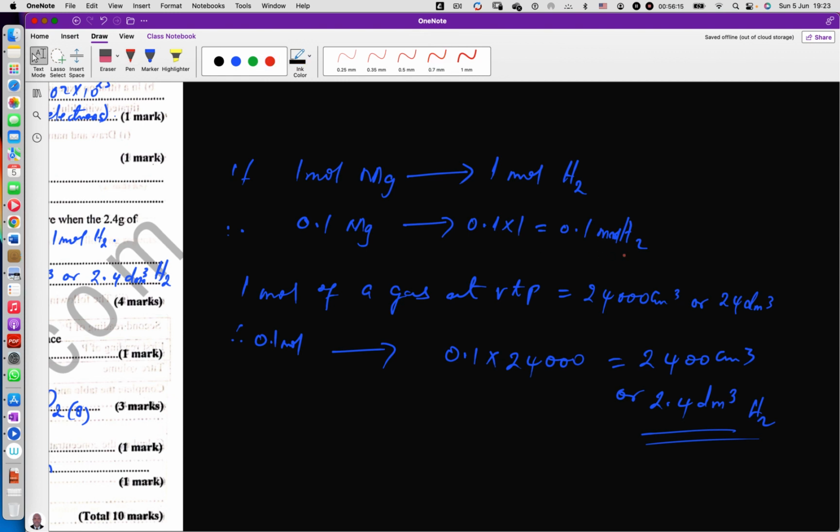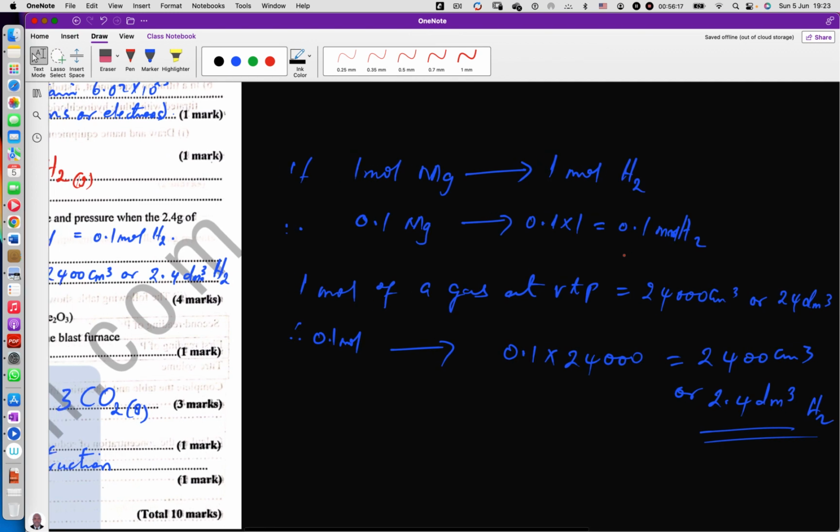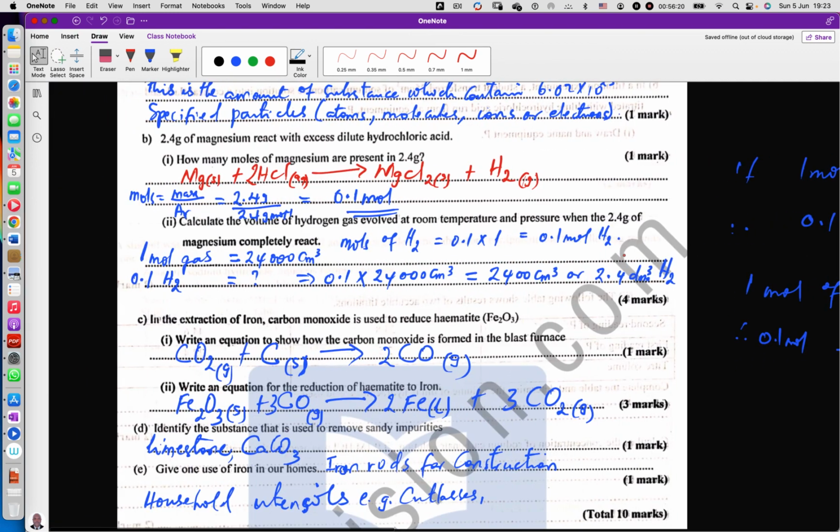So the number of moles of hydrogen equals the number of moles of magnesium. But the molar gas volume: 1 mole of a gas occupies a volume of 24,000 cm cube, or 24 dm cube. You have been asked to calculate the volume at room temperature.